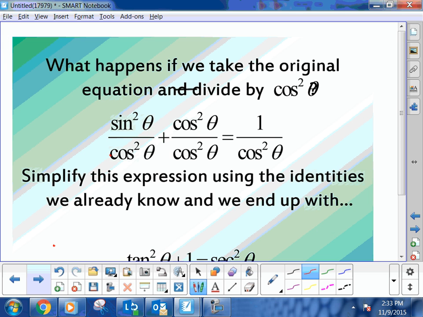Ask yourself this question, and you may want to write this down. Divide the original parent function. The original question: what will happen if we divide everything by cosine squared theta? One of the effects that is going to result from dividing everything by cosine squared theta is that we're going to develop a new function as well.